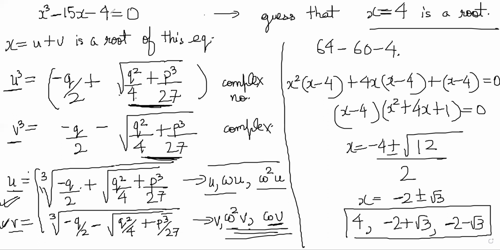So let's look at this particular equation now and see what comes when you do u plus v. In this particular equation, you have x cube minus 15x minus 4 is equal to 0, and basically we have p is equal to minus 15 and q is equal to minus 4.